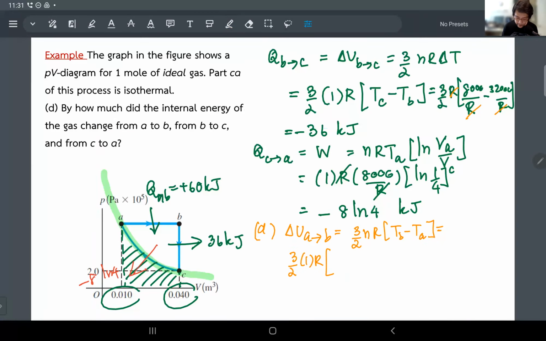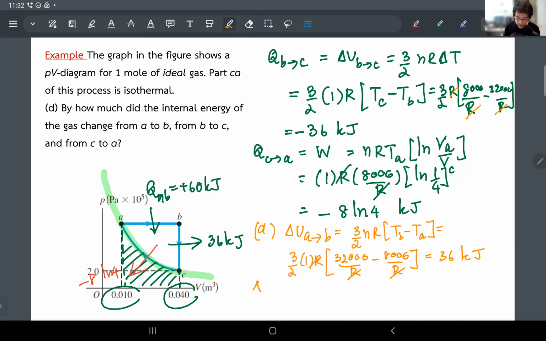And that will give me 32,000 over R minus 8,000 over R. That's not bad. And then you keep going through the change of the U from B to C and C back to A. I think I should complete this one just to make it clean. Cancel. So this will give me 36 kilojoule right there.